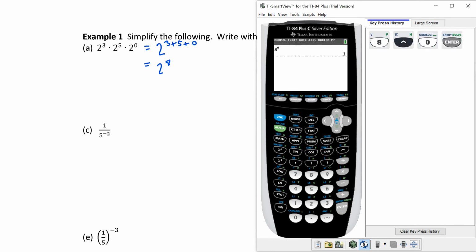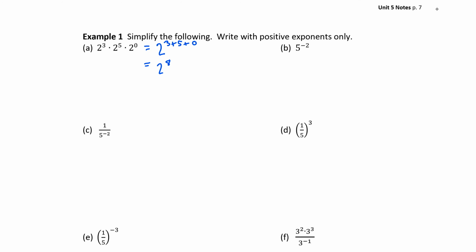Let's go ahead and evaluate that with our calculator. To simplify, we would end up with 256. Example B, we have 5 raised to the negative 2 power. Remember, when we have a negative exponent, we make 2 changes. We're going to move the entire expression to the opposite place in the fraction and make that exponent positive. So 5 to the negative 2 is a short and concise way of expressing the fraction 1 over 5 squared, or 1 over 25.